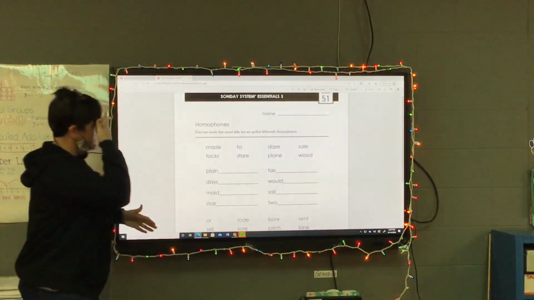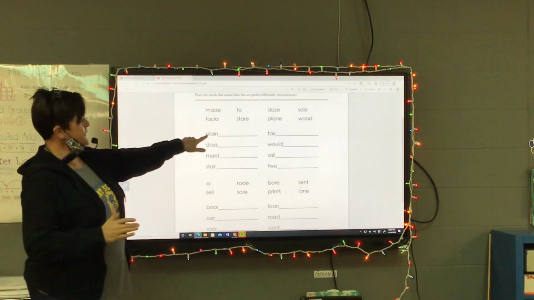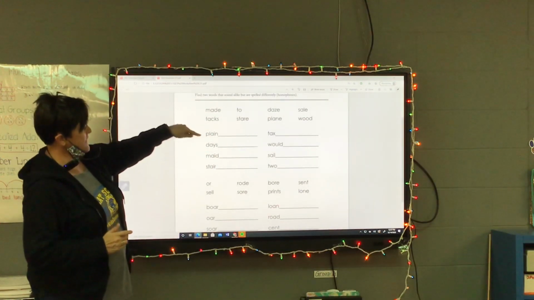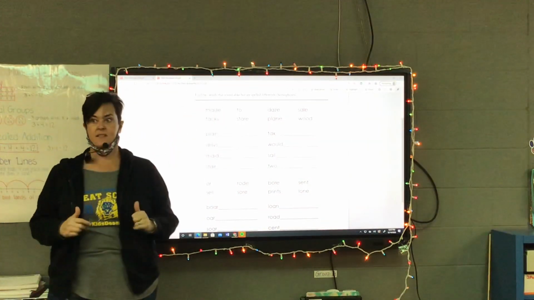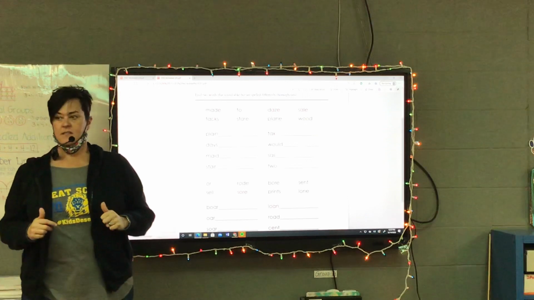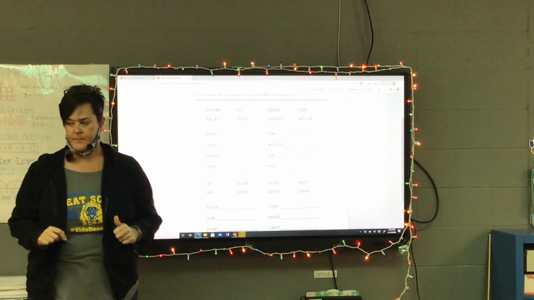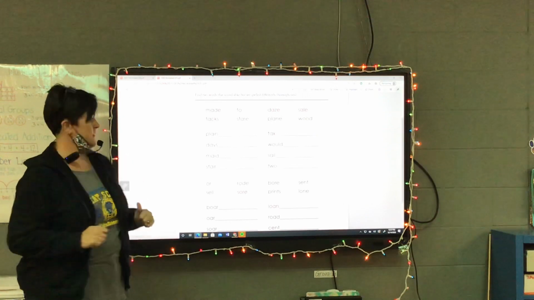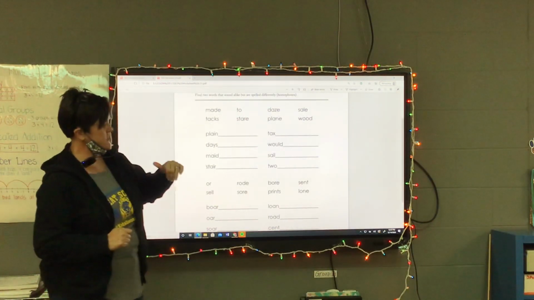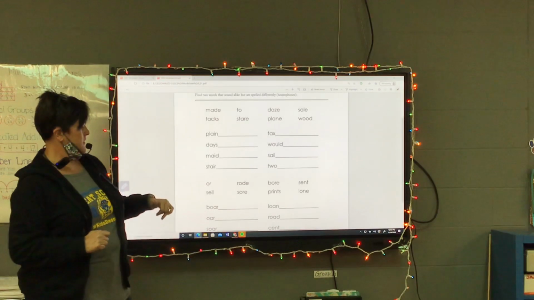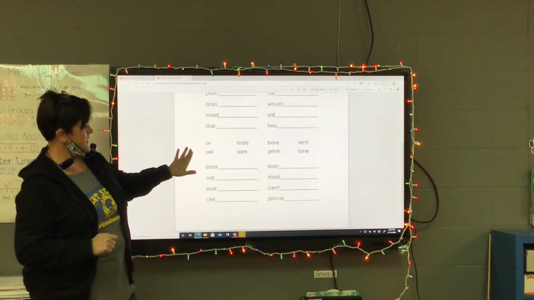All right. So, can you find the homophone for the word plane right here? Do you see another plane? Point to it on your paper. You're using these words up here for this top part. Okay. Look down at this word.